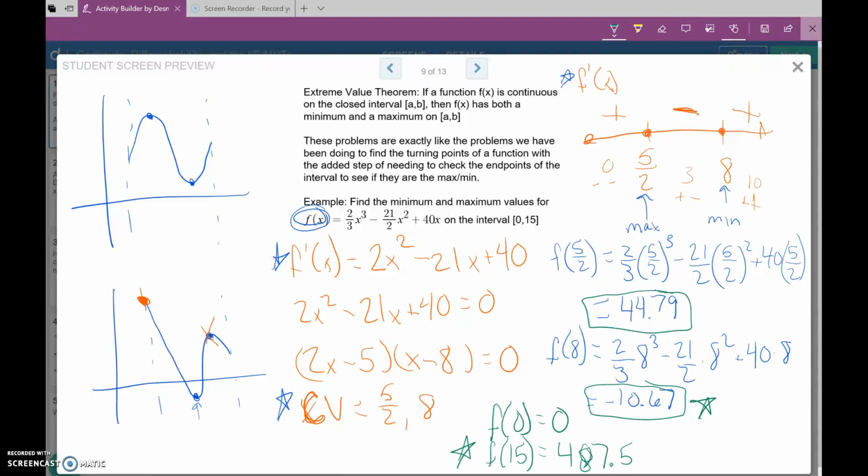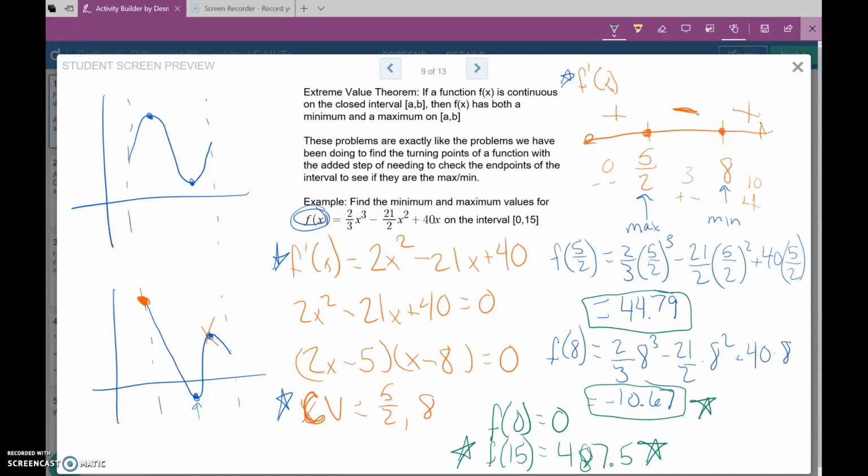The function has a value much larger than that at the right-hand endpoint when x equals 15. We got a value of 487.5. So the maximum value of this function on this interval is 487.5. It's not actually a turning point, but it is the maximum value on this interval.